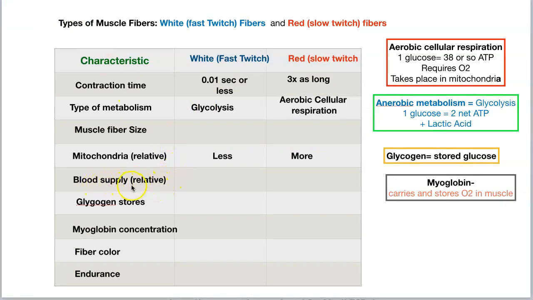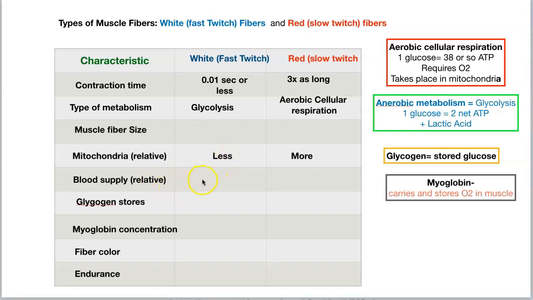Next, the relative amount of blood flow to either white fast twitch muscle fibers or red slow twitch muscle fibers. Which one, again, is dependent on oxygen? More blood flow, more oxygen delivery.